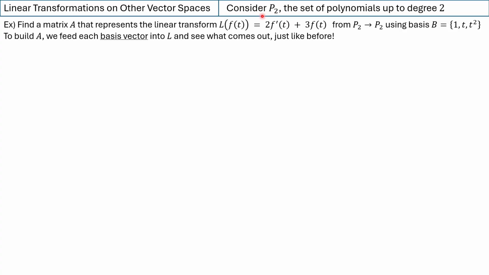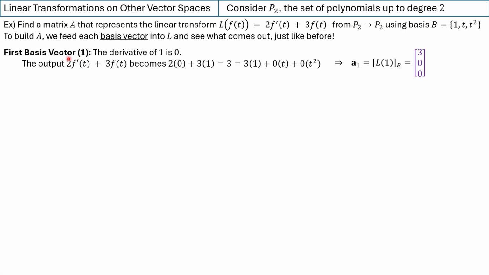So let's say we're talking about P2, where I'll define the set of polynomials up to and including degree 2. So this will be any linear combination of 1, t, and t squared, where t is the variable. All right, so here we feed the number 1, our first basis vector, into our linear transformation.